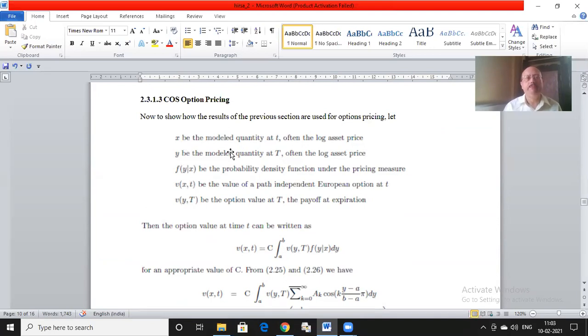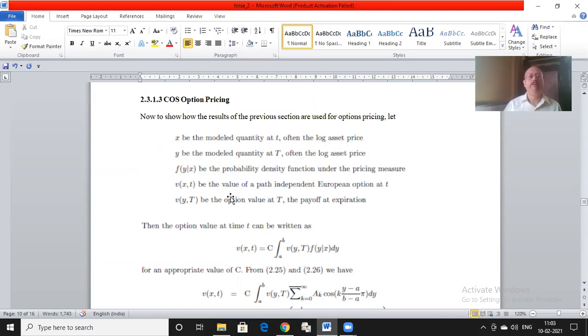So X is the modeled quantity, which is the log stock price at time small t. Y is the corresponding terminal log stock price. Terminal means at time capital T. f(y given x) is the conditional density function. So if I start at time small t, what is the conditional distribution of the terminal stock price given today's information?